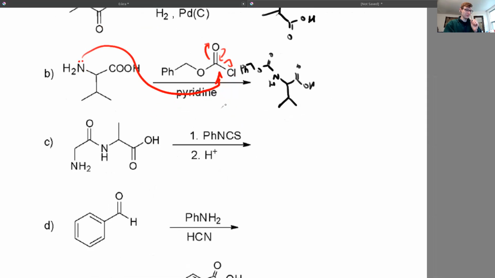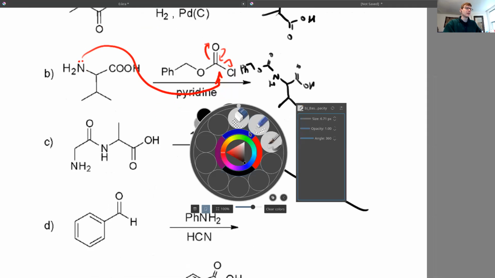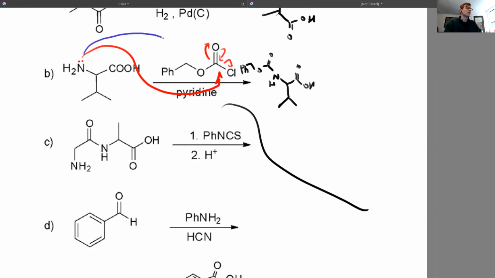This is like a real blind guess, but another possibility is that maybe these electrons on the amine attack here and kick this off. And so then you've just attached a phenyl group or benzyl group. Why don't I check? Because I think it could be either of those, but this might be some kind of special reaction.